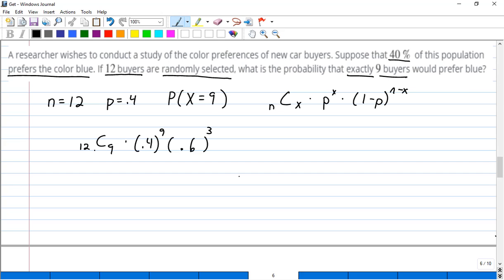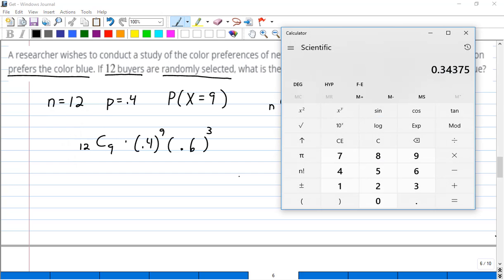So you check my math. 12C9 would be 12 factorial divided by 3 factorial divided by 9 factorial. When you did that in your calculator, did you get 220? All right, I'll just assume I'm correct.